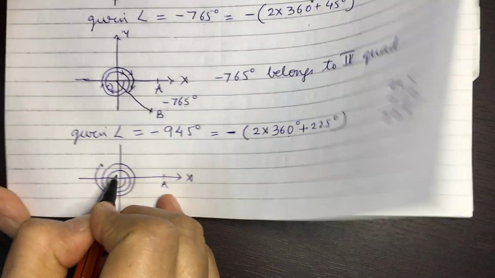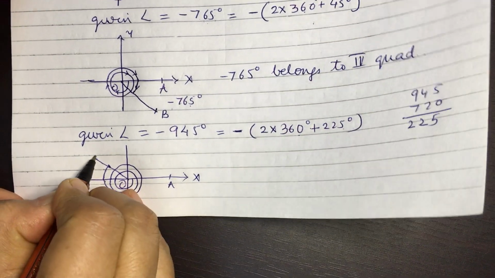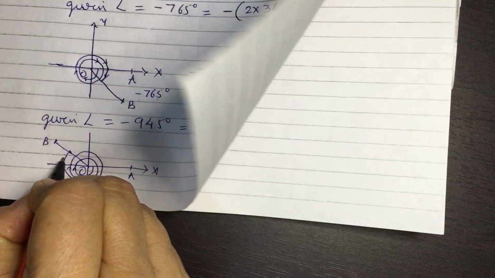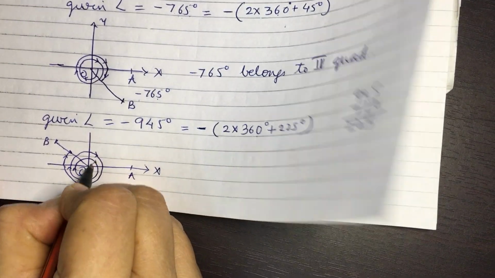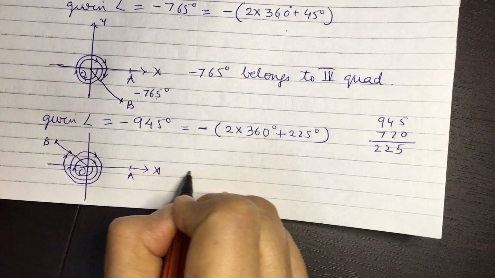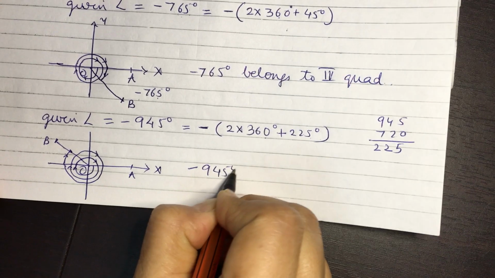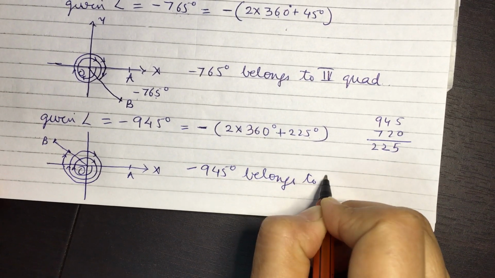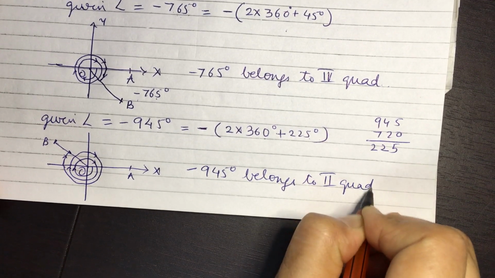So we reach here, and this is the point OB, and the direction is clockwise. And that's it. So the angle minus 945 degrees belongs to the 2nd quadrant.